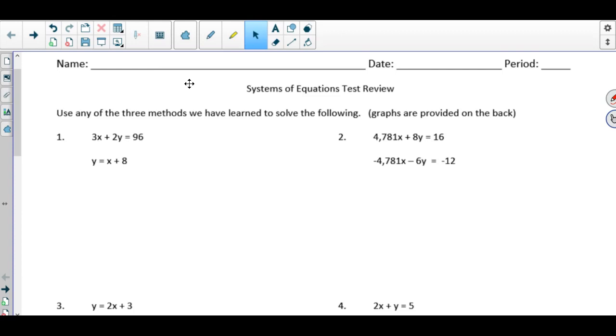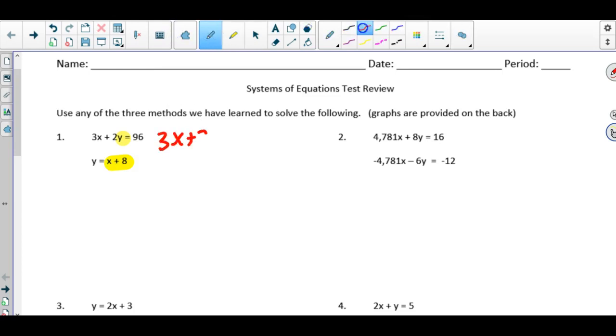Every problem kind of gives you a method that's easiest. Starting with number 1, they tell you what y is, so we're going to substitute that in for y. That gives us 3x plus 2y equals 96. Y is x plus 8.